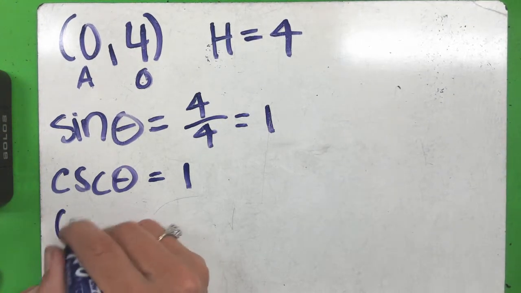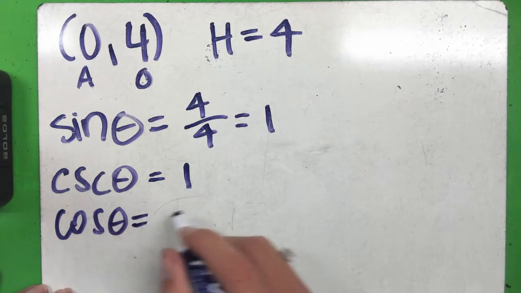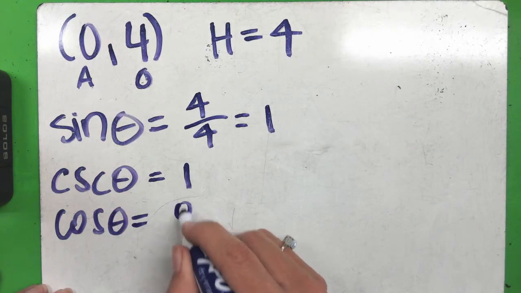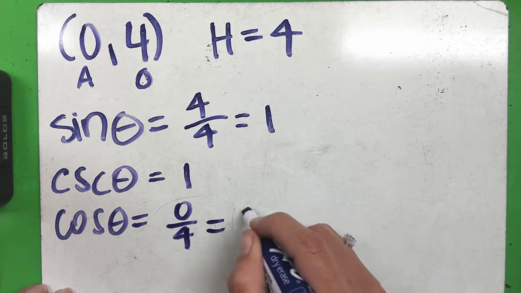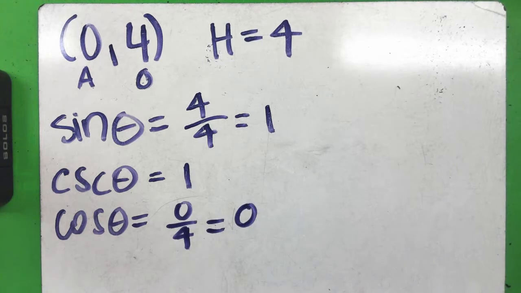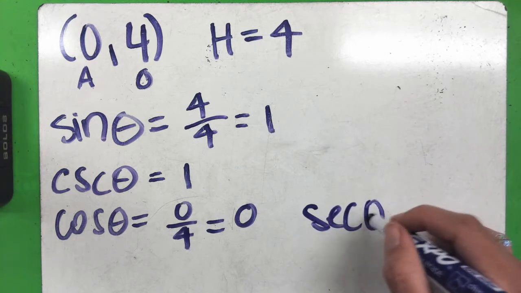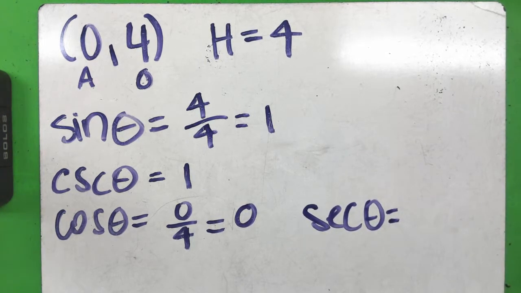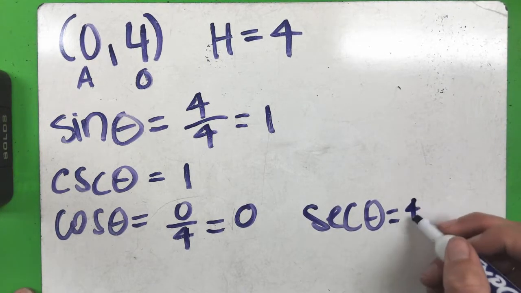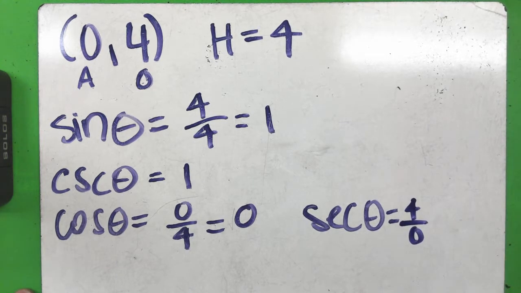Alright, cosine would be a over h, and 0 over 4 is just 0. What about secant? Undefined. Why is it undefined? Good. If you swap them, 4 over 0 with 0 on the bottom, that's going to be undefined. And you just put UN or UD, whichever one.